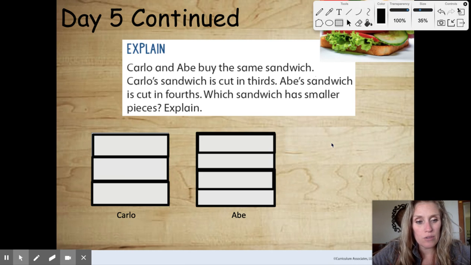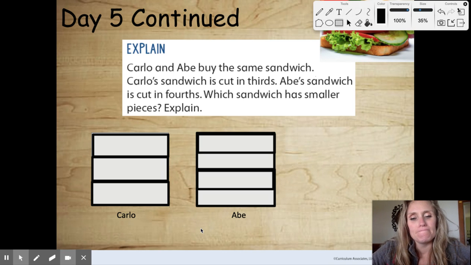And now let's see if we can answer our question. Which sandwich has smaller pieces? So Carlo, Abe. I'm thinking Abe has the smaller pieces because when I see it side by side, I can tell those pieces look smaller than each one of Carlo's.